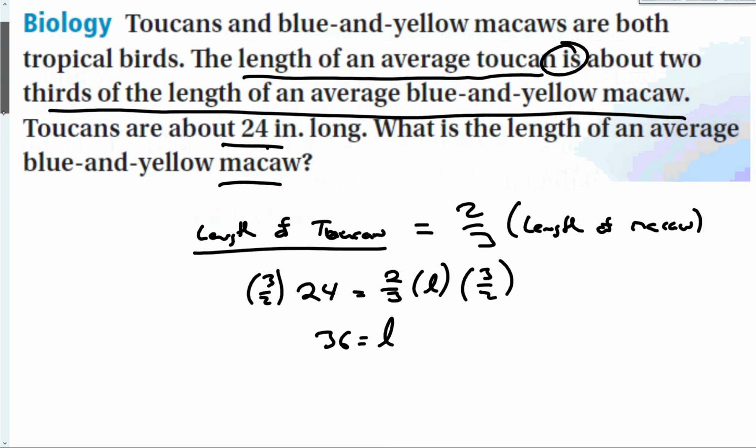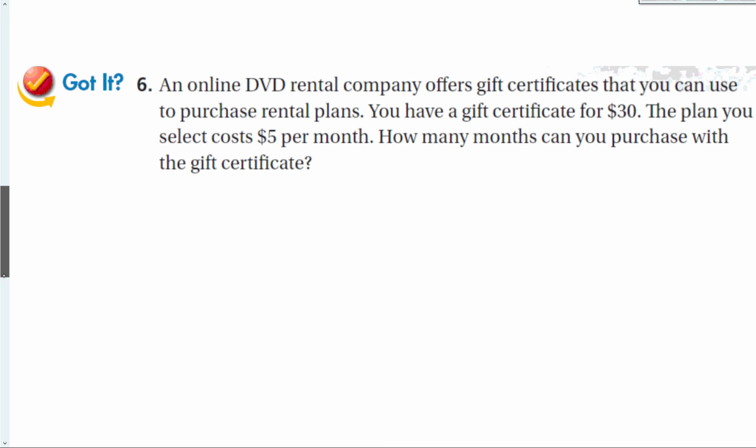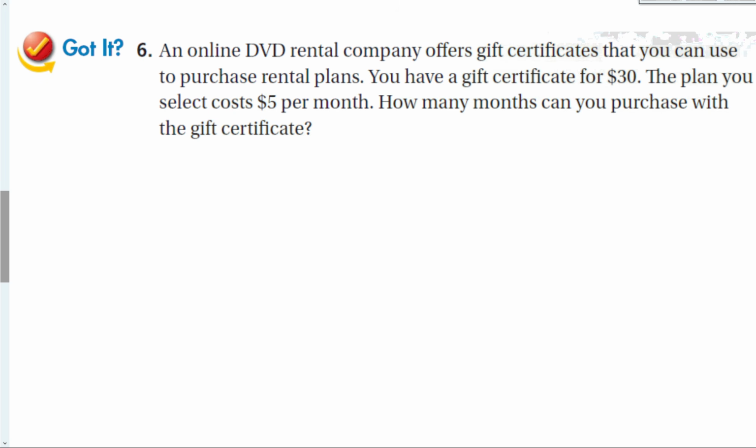Let's set up another one. I got it problem. An online DVD rental company offers gift certificates that you can use to purchase rental plans. You have a gift certificate for 30 bucks. The plan you select costs $5 per month. How many months can you purchase with the gift certificate? This should be pretty obvious, a little bit easier to set up. You have $30.